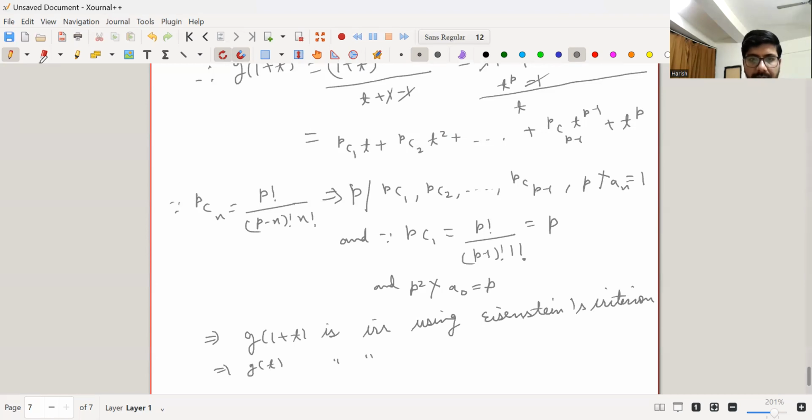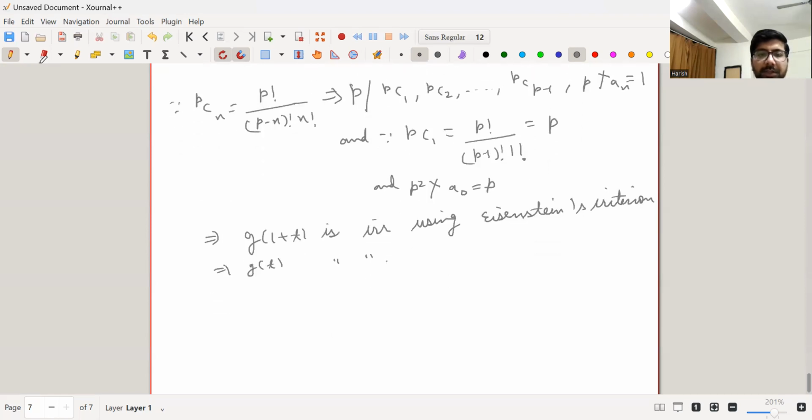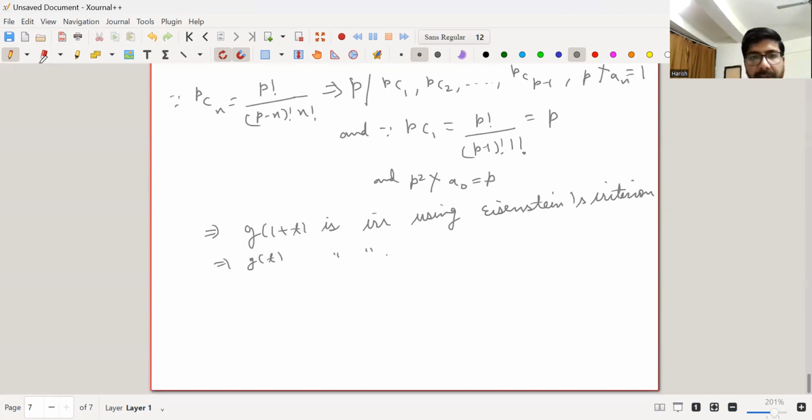So even if at first glance it might look like we cannot use the Eisenstein criterion, after some manipulation we get that the Eisenstein criterion is actually applicable, and thus the polynomial is irreducible.